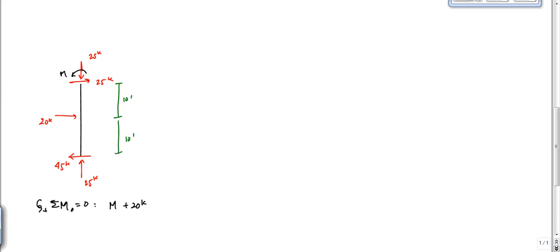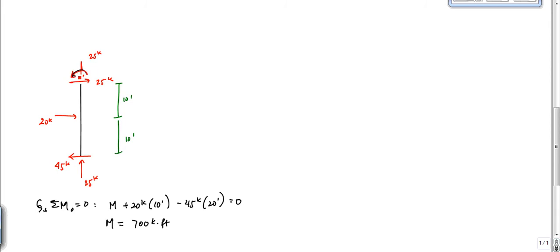So 20 kips times 10 feet minus 45 kips times 20 feet equals 0, and that tells me M is equal to 700 kip feet right here. And I got a positive result, indicating that this direction is correct.